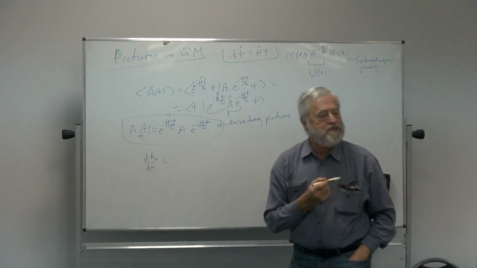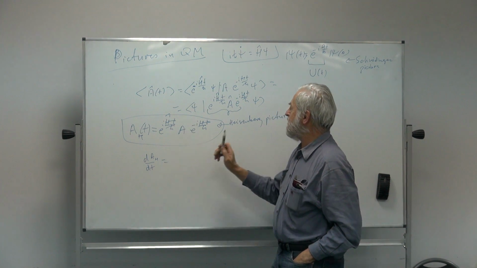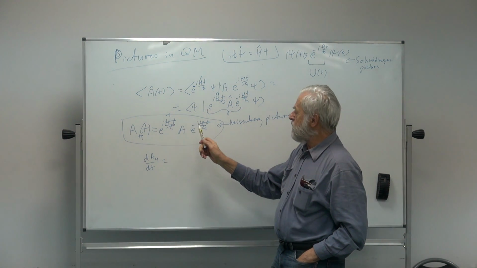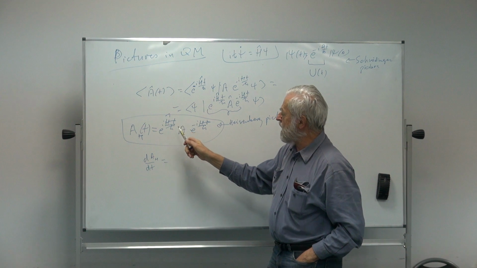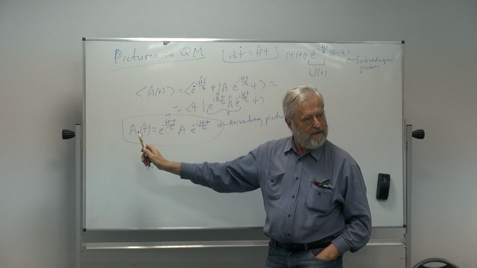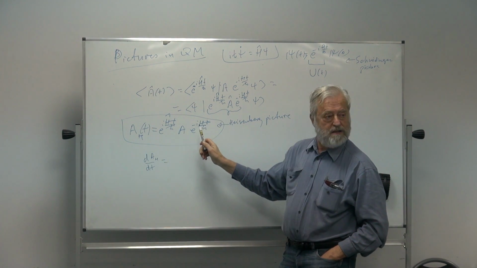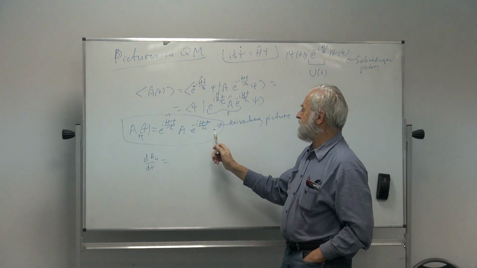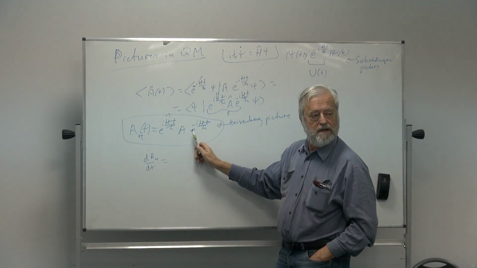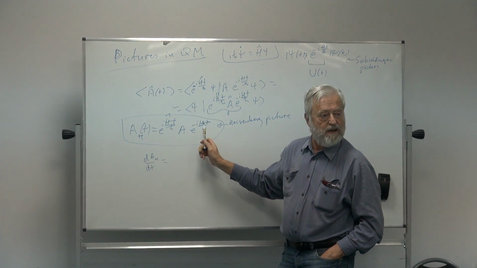Well, there are two terms. We have to differentiate here and then differentiate here, yes? When I differentiate here, then what I will get downstairs will be this guy on the left. And if I differentiate here, I will get this guy with a minus sign on the right. Whether here or here doesn't matter, because the H commutes with its function.